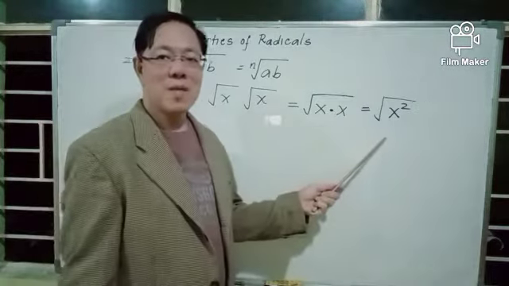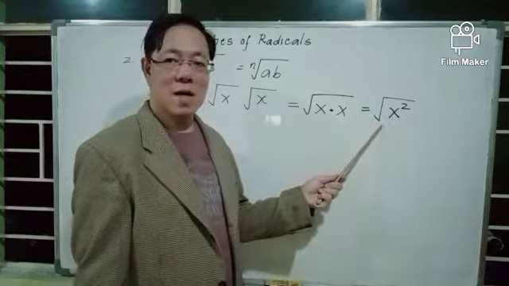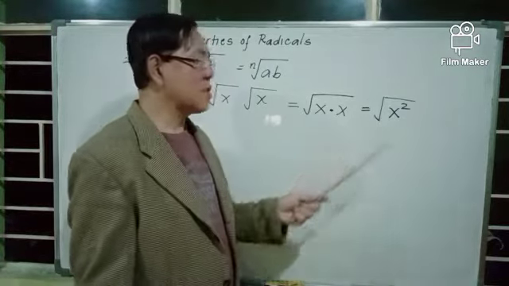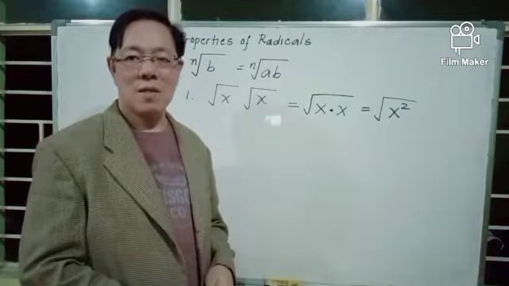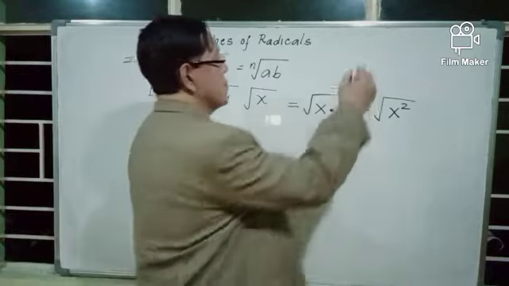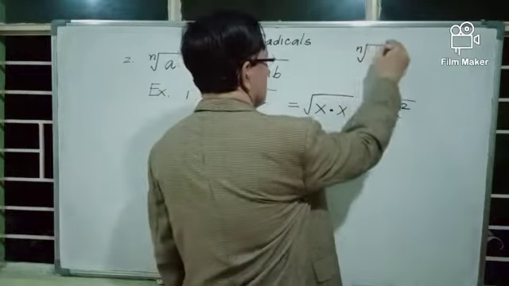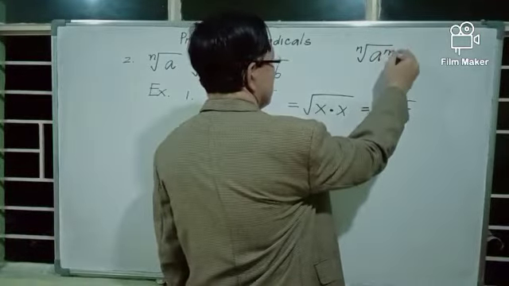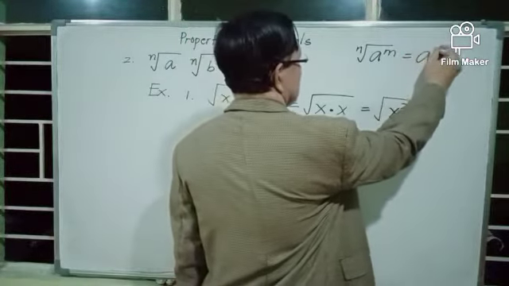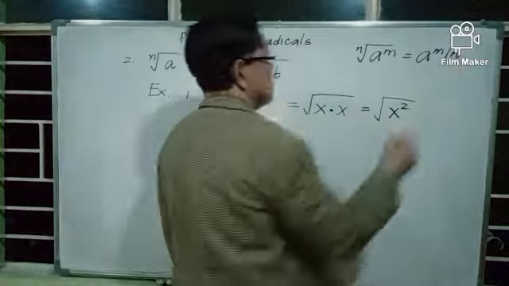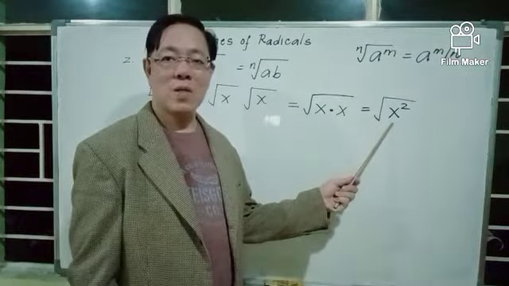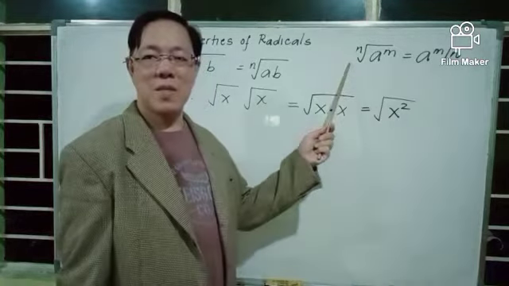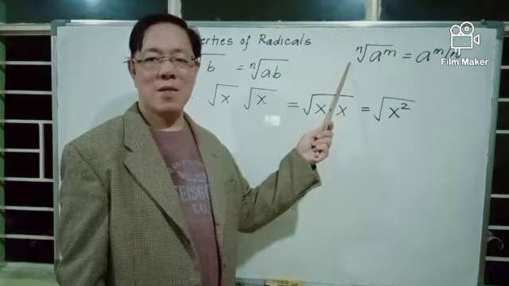Now we remove the radical sign from this radical expression using the first property we have stated earlier, the nth root of a to the m. We further simplify the square root of x squared using the first property of radical, which I have stated earlier.